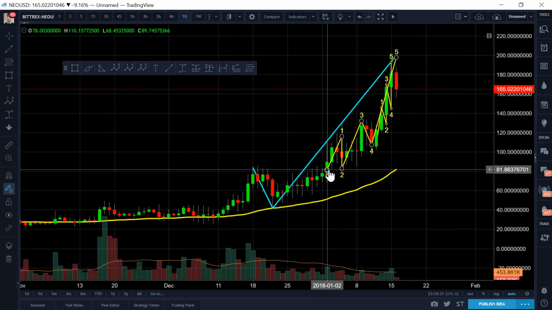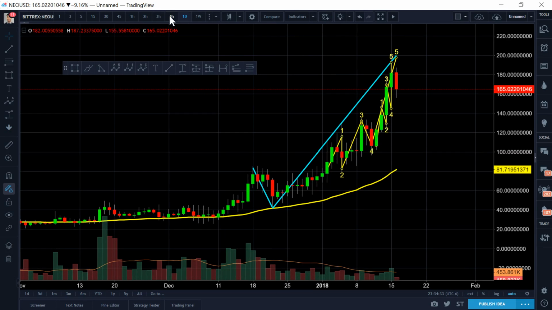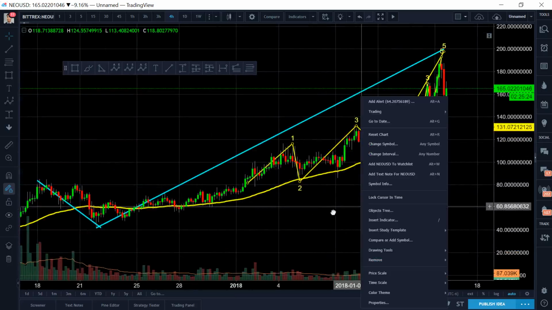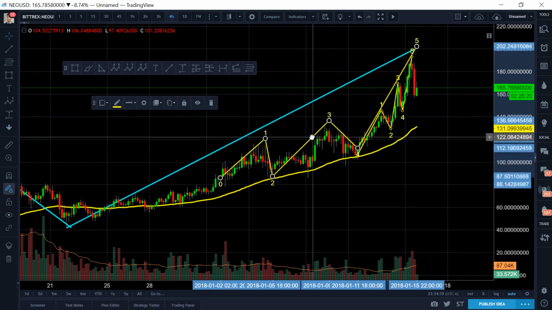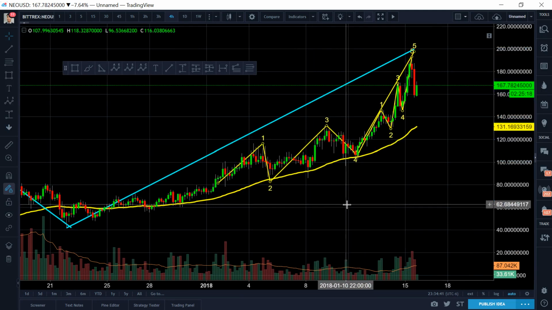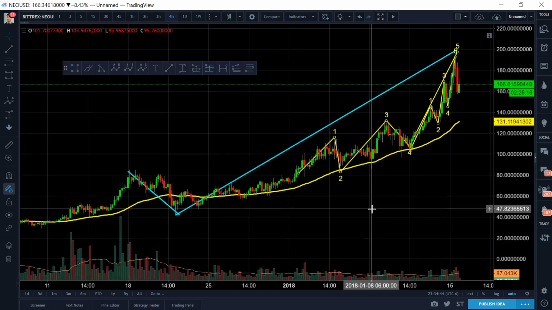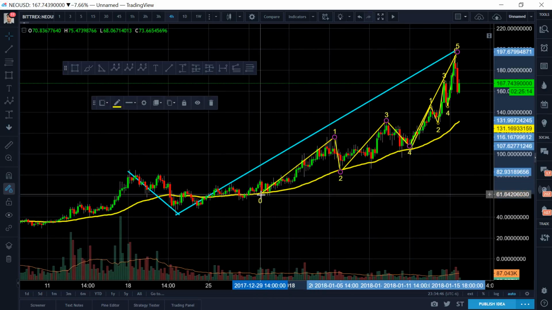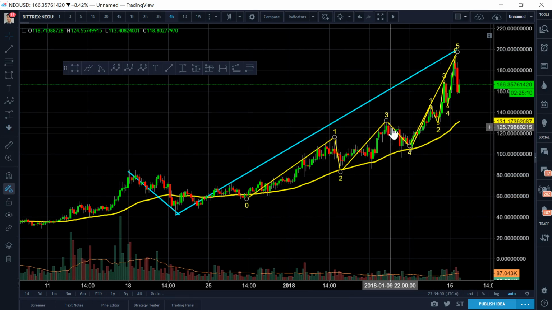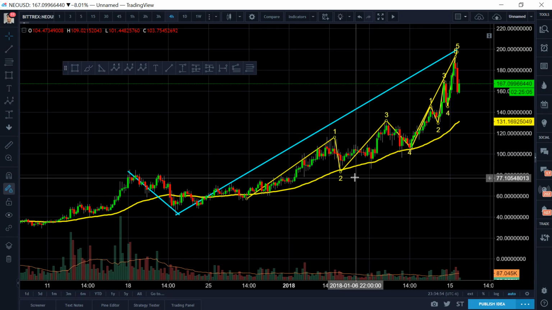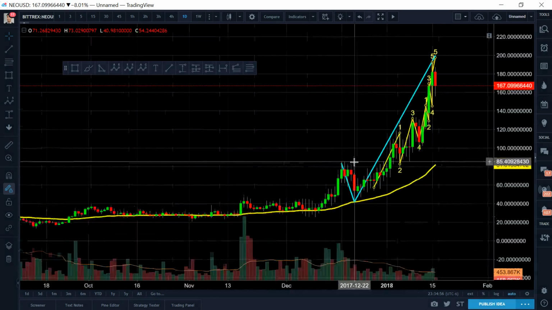So I'm just gonna draw this in here like this. So here's one scenario where we literally have 1, 2, 3, 4, and 5 that's already formed in there. So that's one scenario. I'm gonna go to the daily actually, like this.